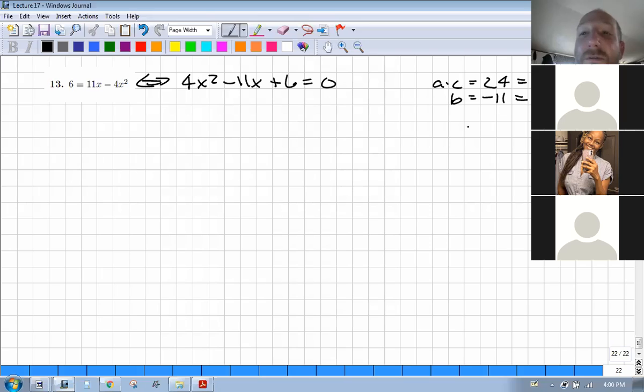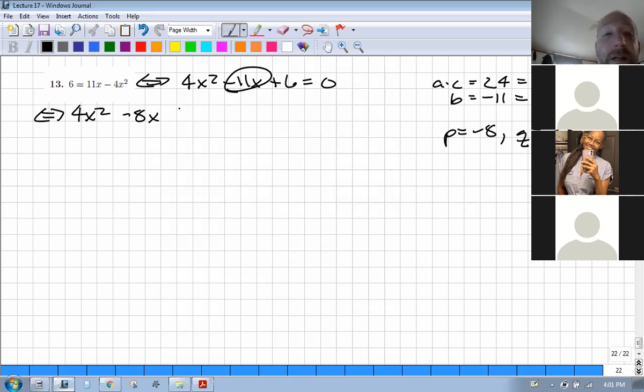If we do a negative 8 and a negative 3, they multiply to give us a positive 24, but add to be a negative 11. So let's rewrite this as minus 8x minus 3x. Out of here, we could factor 4x out.